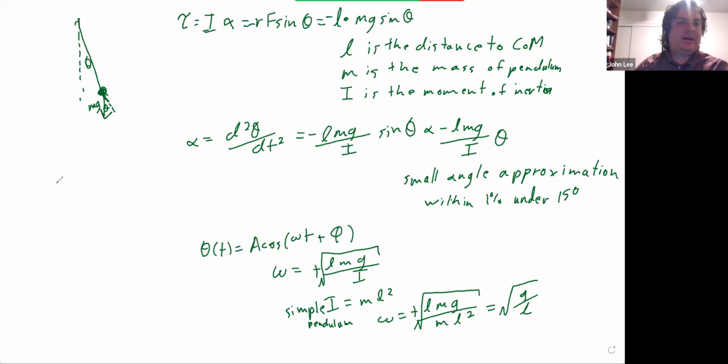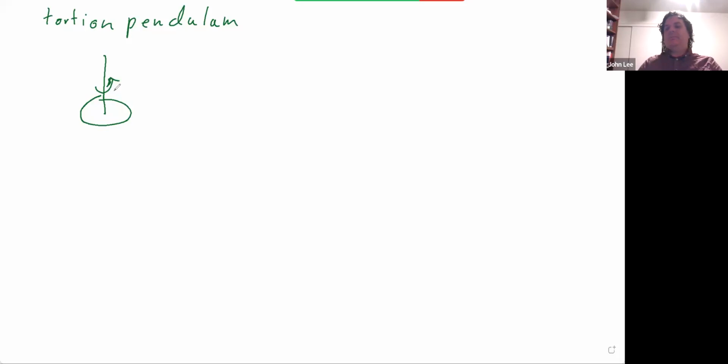And then we're going to go over one more type of pendulum, or simple harmonic motion, before moving on to our next section, which is the torsion pendulum, where you have something hanging from a string, and then you twist the string in such a way that it tries to get back to its original place.